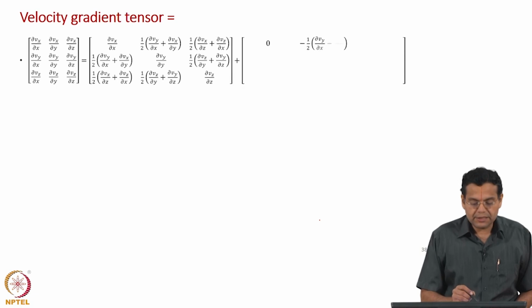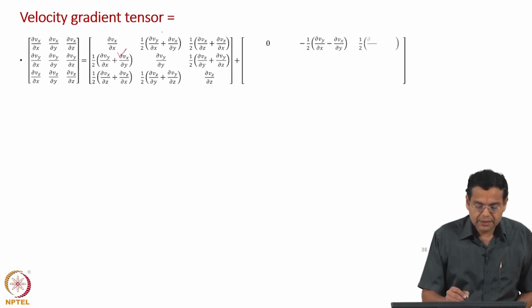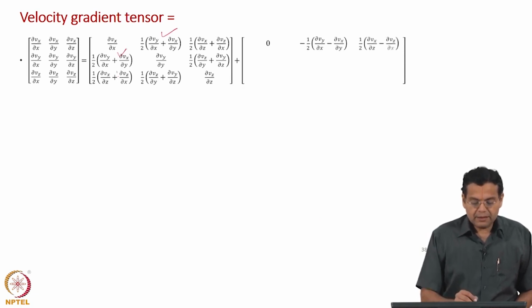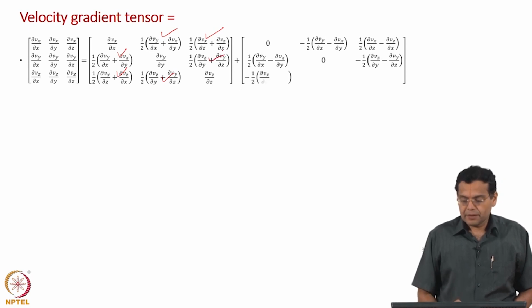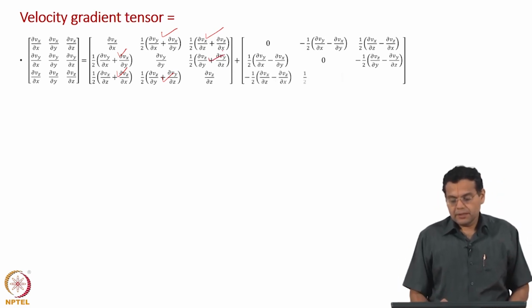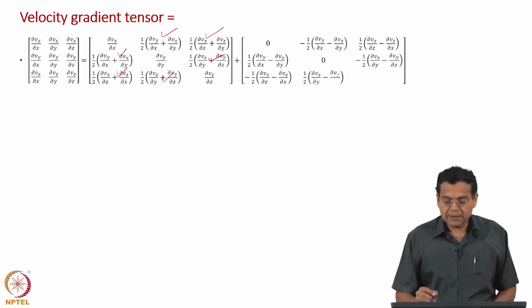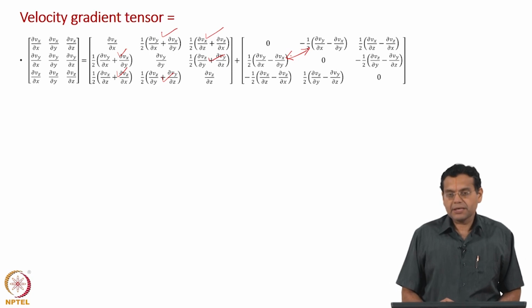The first one is a symmetric tensor, as we can see the off diagonal elements are the same, it is a symmetric tensor. And the second tensor is antisymmetric because the off diagonal elements are of same magnitude, opposite in sign. Okay.